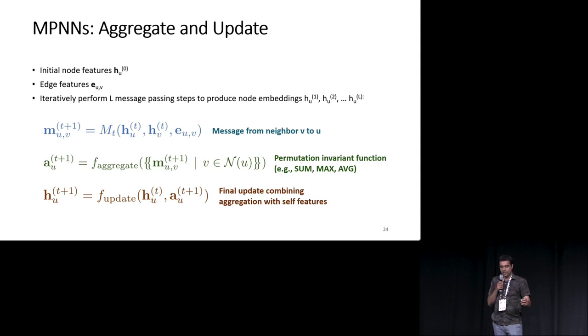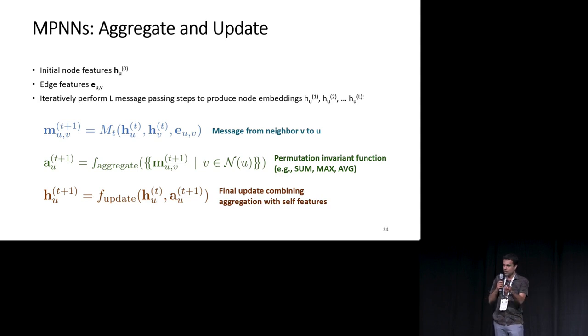And then you perform this aggregation where for each node, you take the messages from every neighbor. So you look at that multi-set, and then you apply this function f aggregate. Now, one of the keys here is that you want this f aggregate to generalize to a variable number of arguments, and you want it to be permutation invariant.